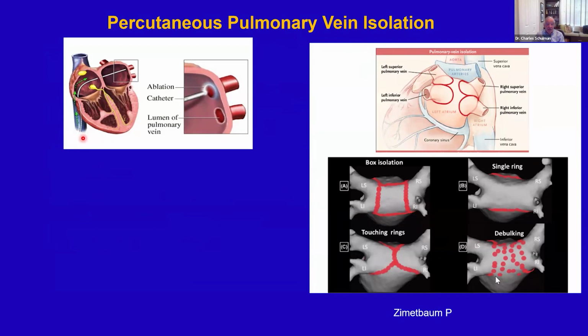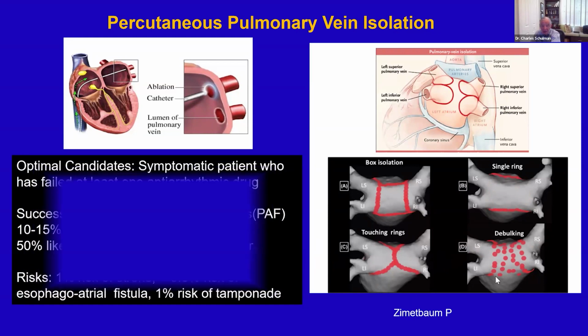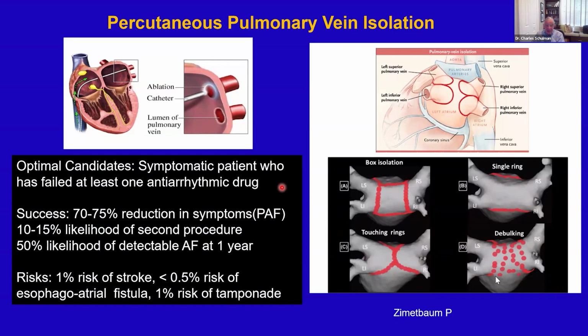Catheter is introduced into the vena cava, crossed over the left atrial septum to the pulmonary veins, where the ablations take place, either in a circular pattern, but there are other patterns, box isolation, touching rings, single ring, etc. The optimal candidates are people who are symptomatic, who've failed at least one drug, but ablation is recommended earlier and earlier now, and for some people, it's a patient discussion and a patient choice.